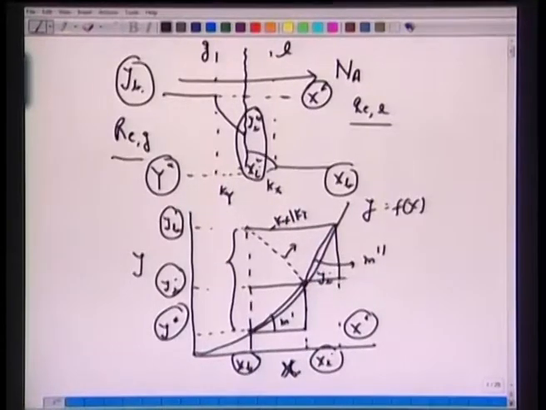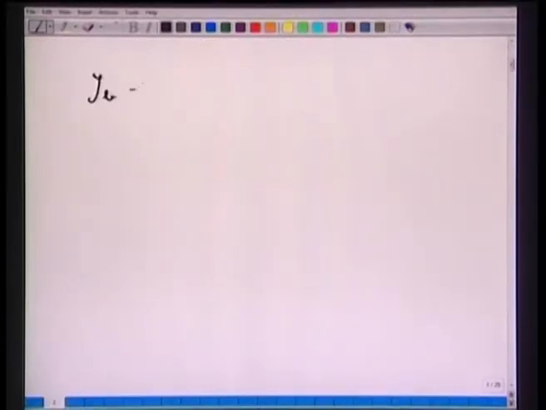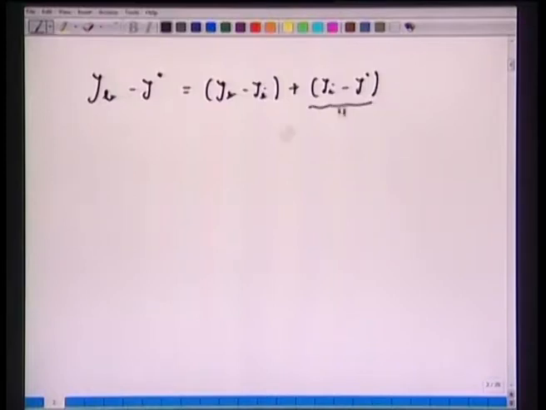So we can write here YB minus Y star equals YB minus YI, the interfacial concentrations, plus YI minus Y star. This YI minus Y star we can now write as M dash in terms of the liquid phase concentration, which is XI minus XB.